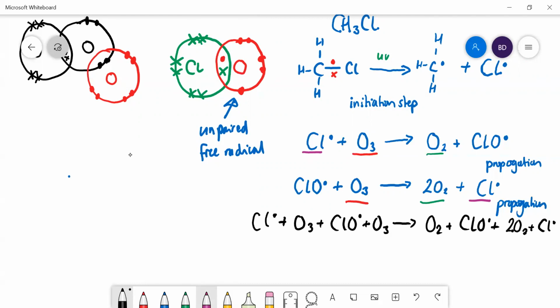Cross out anything that appears on both sides of the equation, and you can see the overall reaction is just 2O3 goes to 3O2. So if you just had one chlorine free radical, that can cause depletion of potentially millions of molecules of ozone.